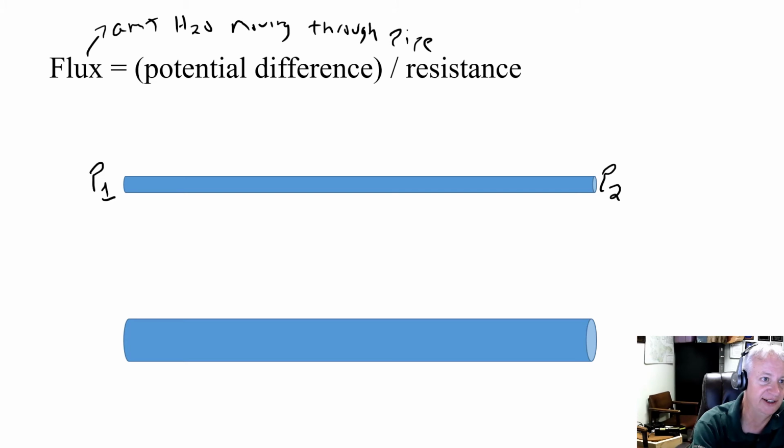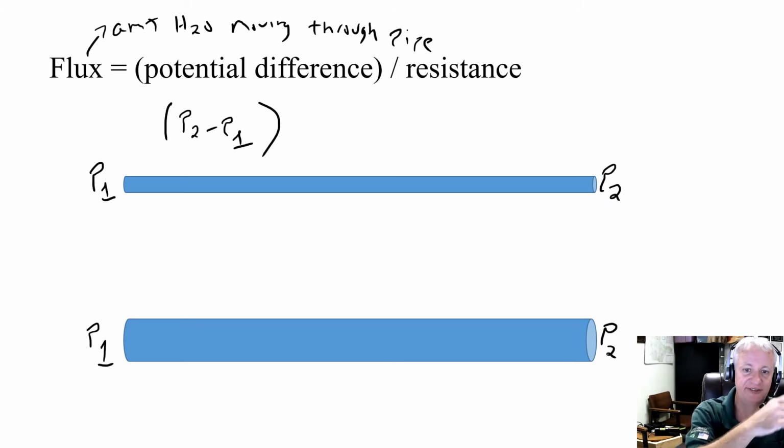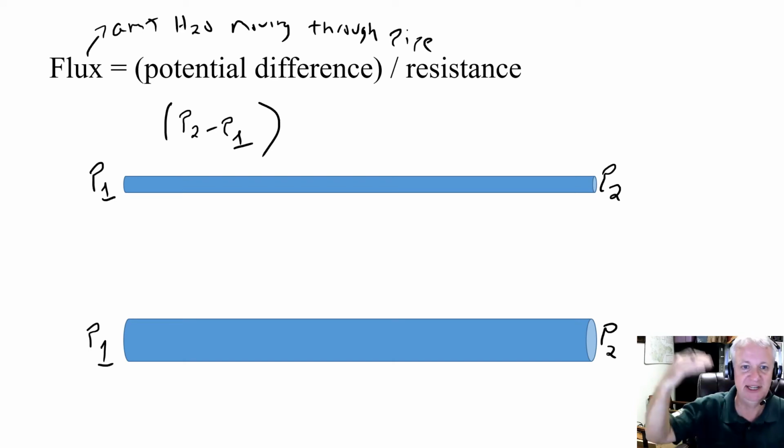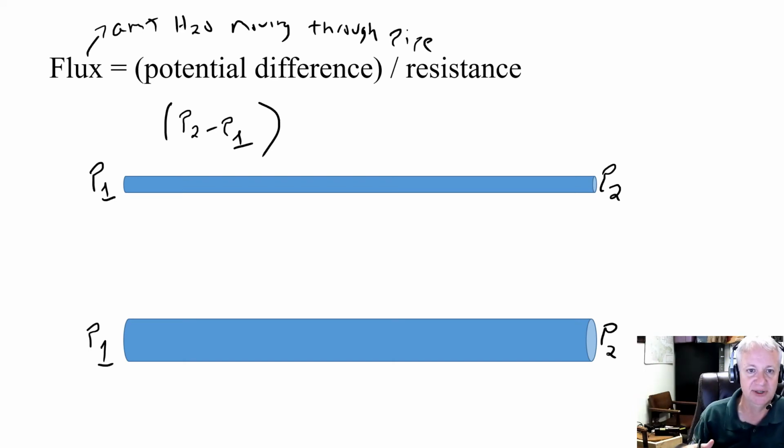So that potential difference is just P2 minus P1. So let's say we have these two situations, where we've got a pressure here, pressure there. And let's say these are equivalent, where P1 in the first case is the same as P1 in the second case, P2 in the first case is the same as P2 in the second case. So that potential difference is the same in these two situations.